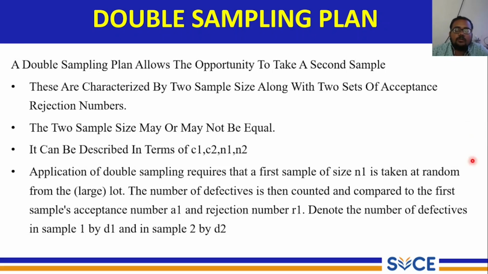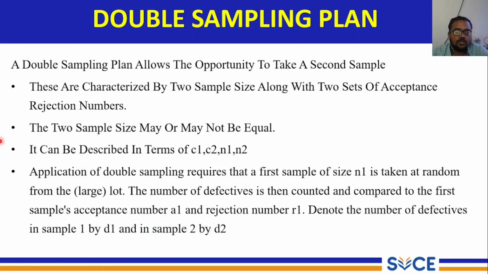You take a first sample of size n. You can choose the sample in a random way, and the number of defectives is counted. You compare it to the sample's acceptance number A1 and rejection number R1, and you denote the number of defectives in sample 1 by D1 and in sample 2 by D2, right?